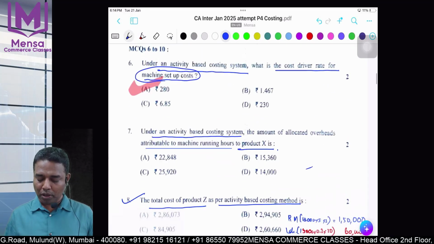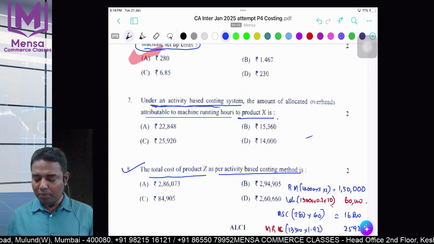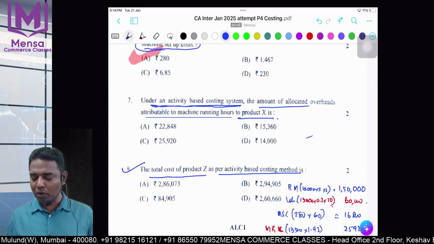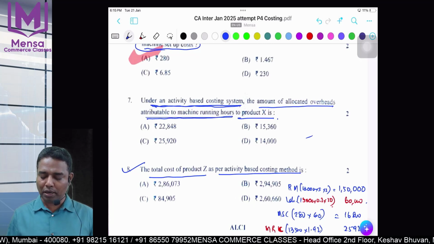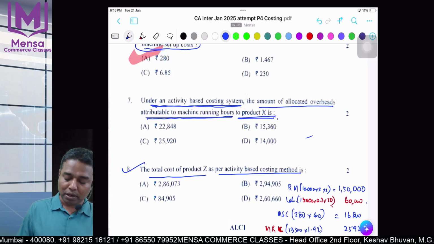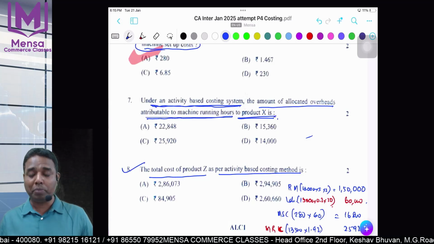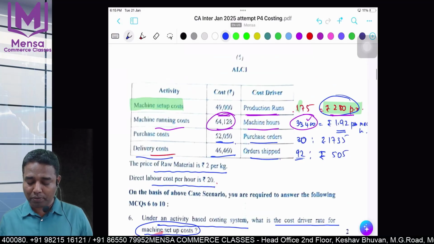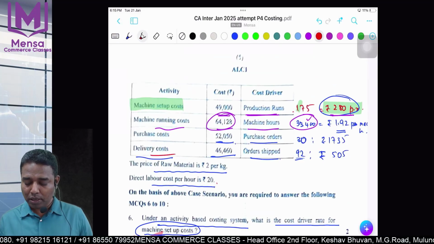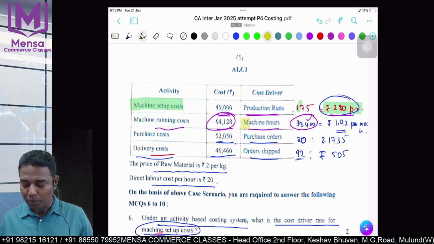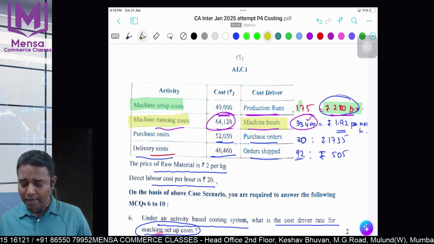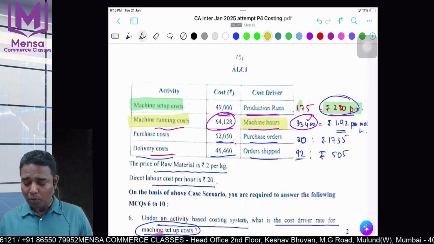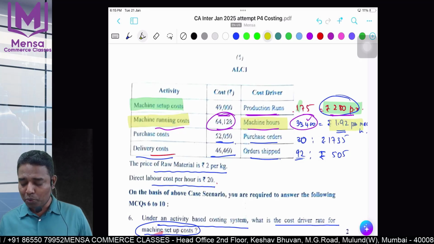Next, under the ABC activity based cost system, the amount of allocated overheads attributable to machine running hours of product X. So overheads related to machine running hours. Which is the overhead which is related to machine running hours? If you see machine running hours, the overhead is machine running cost, that is related to machine running hours. What is the rate? 1.92 per machine hour.